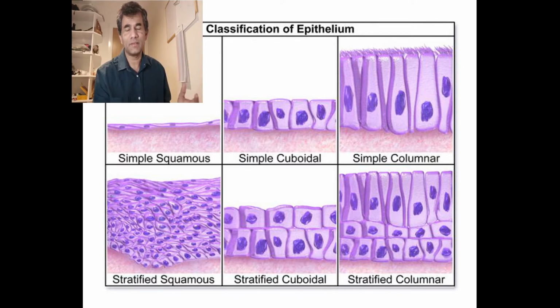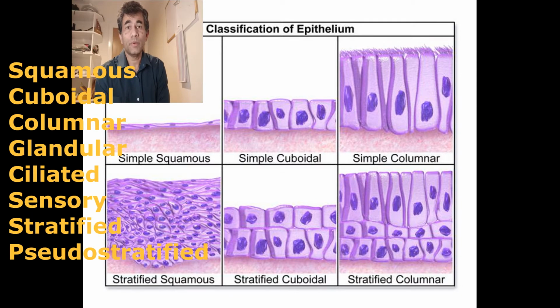When I learnt in medicine, we had different variations of these names, but usually the epithelial tissue is described to have 8 types: squamous epithelium, cuboidal epithelium, columnar epithelium, glandular epithelium, ciliated epithelium, sensory epithelium, stratified, and pseudostratified epithelium.